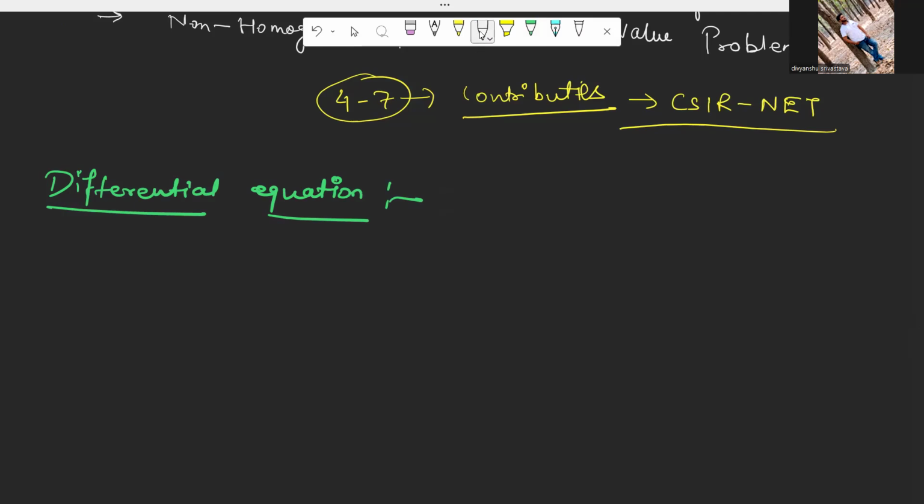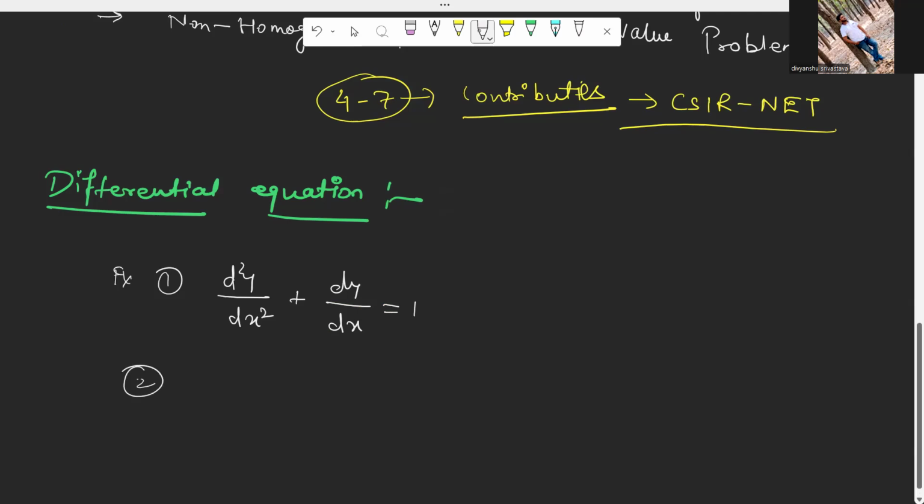Now let me show you some examples. In the first example, d2y/dx² plus dy/dx is equal to 1. Here is a second example, d2y/dx² plus d2z/dx² plus 1 is equal to 0.